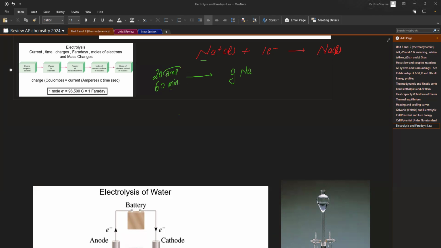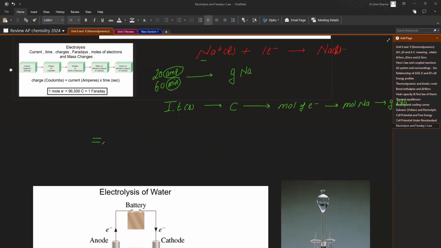This is the amount of the current and time. You will take current multiplied by time in seconds. That will be your coulombs. You will convert the coulombs to moles of electrons. You'll go from moles of electrons to moles of sodium by using the above balanced equation, and then you can get the grams of sodium. You can do it in one single line as dimensional analysis.